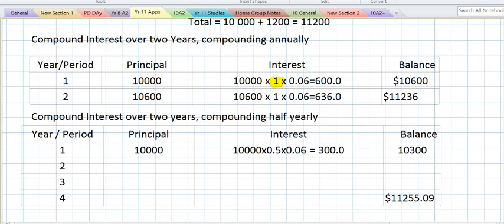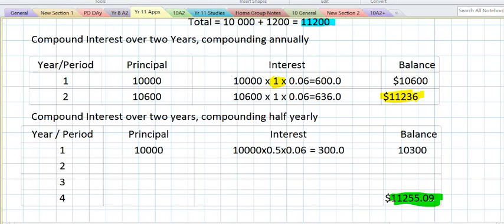So most of you have worked through and you've discovered that the final total is 11,255. So when we compare our three totals, the top one in blue being the simple interest, the next one in yellow being the compounding each year, and then the green one at the bottom being compounding twice a year, what we see is that there is a slight increase in the amount of interest earned each time.